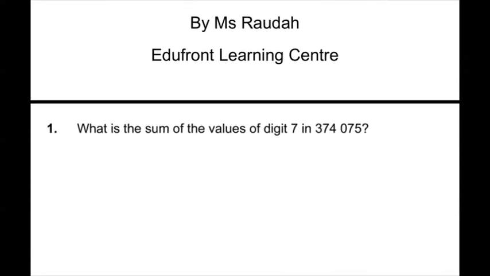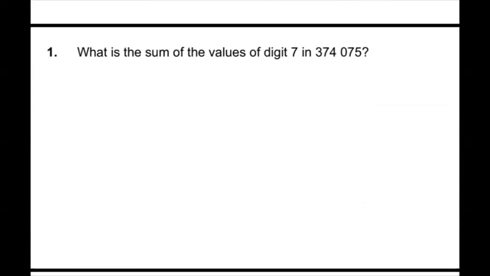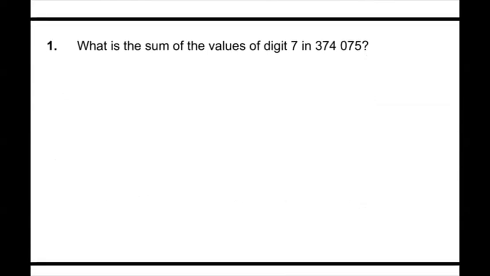For the first question, what is the sum of the values of digit 7 in 374,075? When you come across this type of question, you can see that there are a few digit sevens. They are asking for the sum of the values. Values is asking for the amount for the particular digit 7.